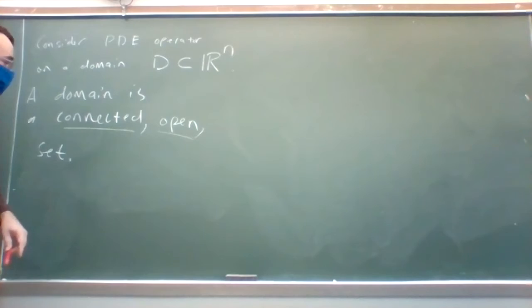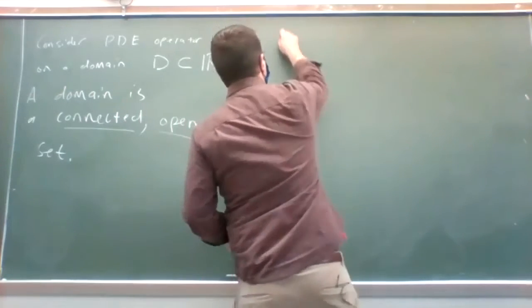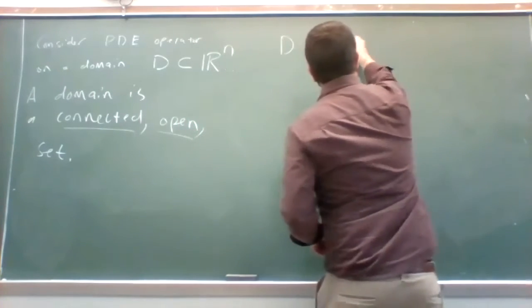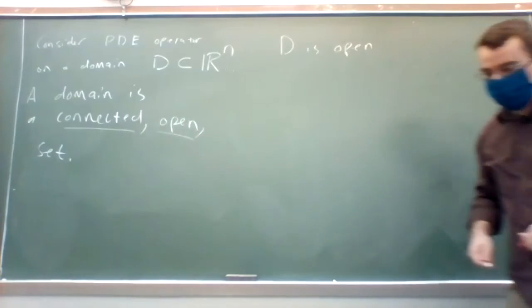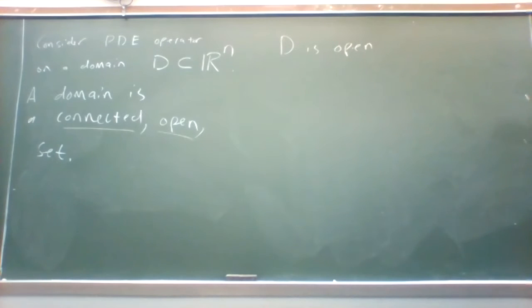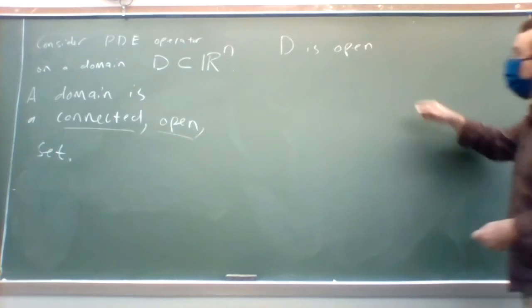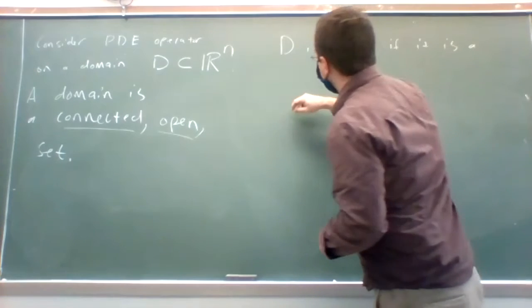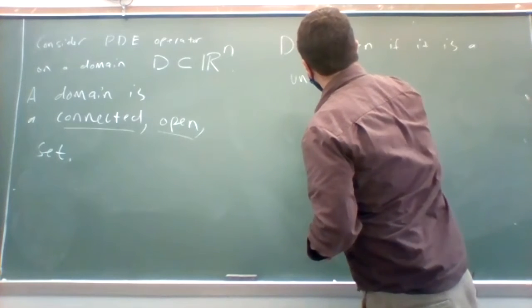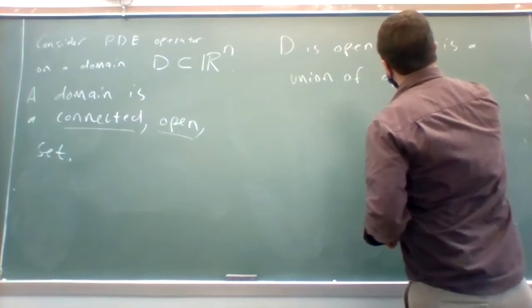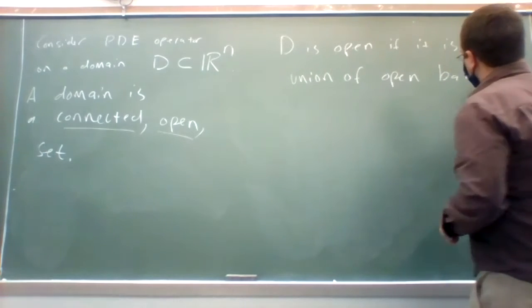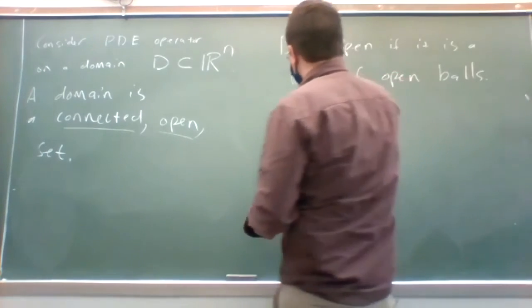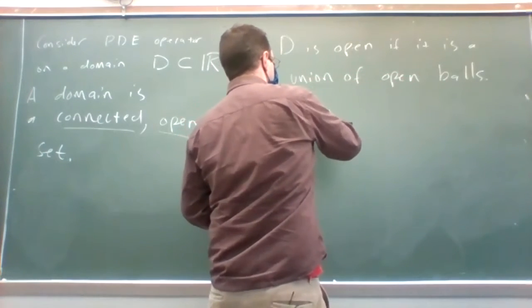So, open. D is open if it is a union of open balls. An open ball is what you think it is.